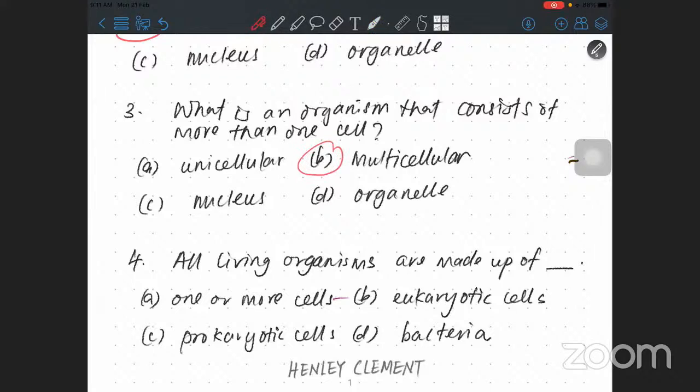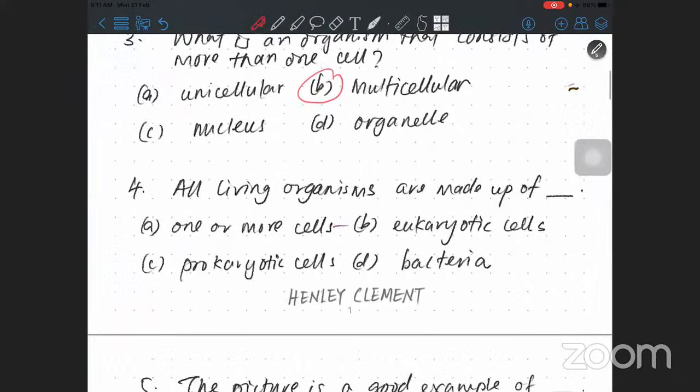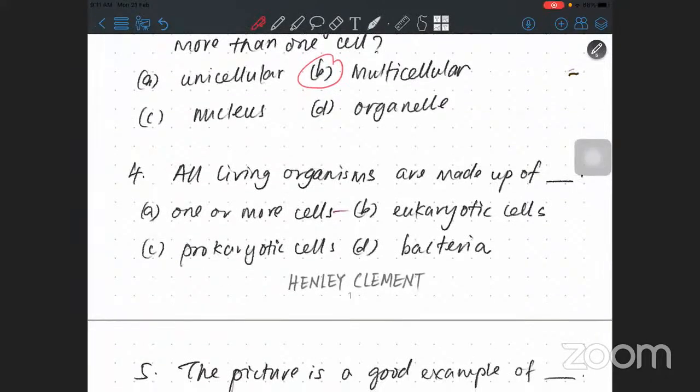Number 4. All living organisms are made up of: A, one or more cells. B, eukaryotic cells.